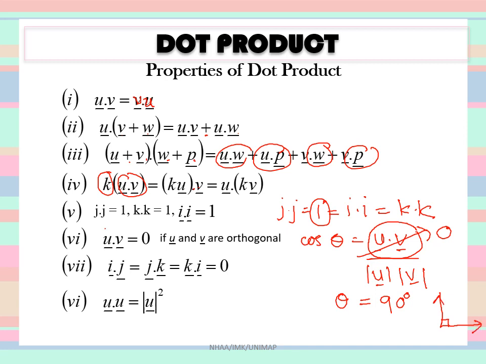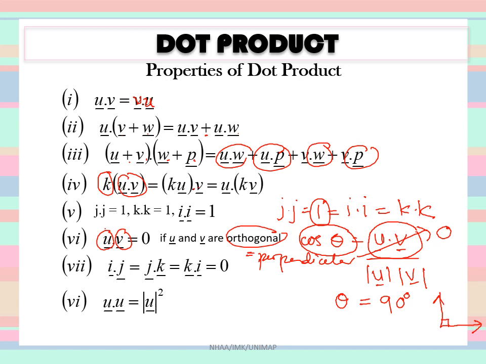So that's why, when you find out the dot product between the two vectors equal to 0, automatically you should know that these two vectors u and v are perpendicular or orthogonal, even without applying this formula.